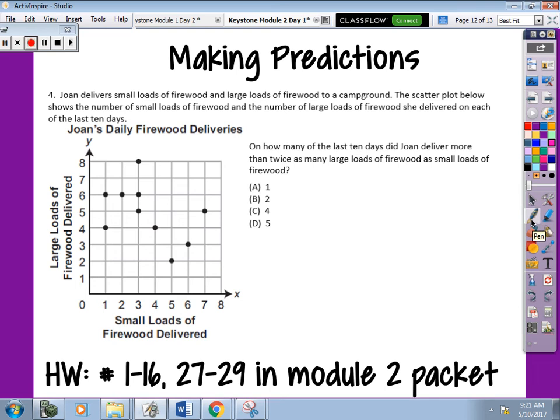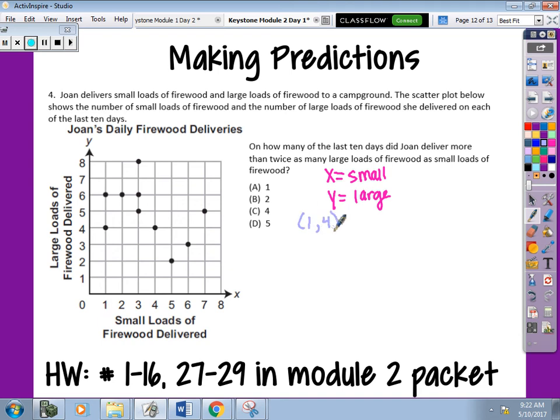So for this one, it said, in how many of the last 10 days did Joan deliver more than twice as many large loads of firewood as small loads? So notice that the x-axis is your small, and the y is your large. So for how many days was there more than twice as many large loads as small loads? Alright, so for this one, I would actually list all of my ordered pairs out, especially since we're taking notes here.